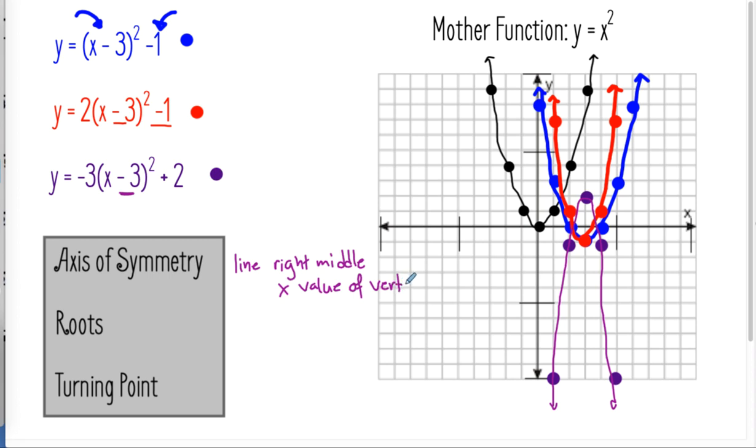Of course, if it was a sideways parabola, it would be the y value, but you are not required to learn sideways parabolas anymore. So in all the cases, the kids' axis of symmetry would be x equals 3. Mama's axis of symmetry would be x equals 0. The roots are something we're going to do in the next unit, but the roots are where it crosses the x-axis.